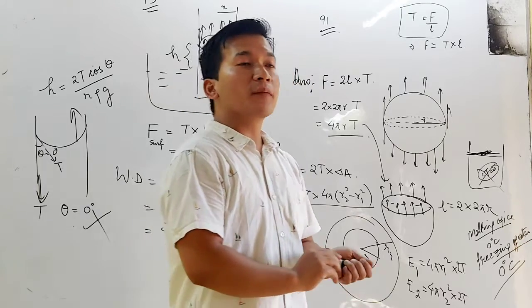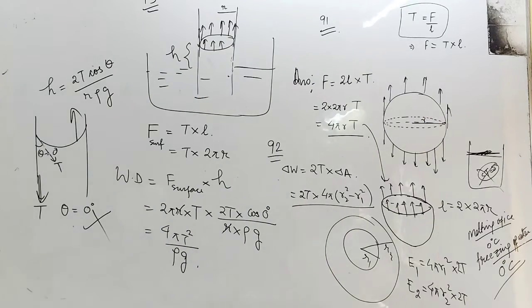In the formula book, page number 28, the shape of liquid meniscus.